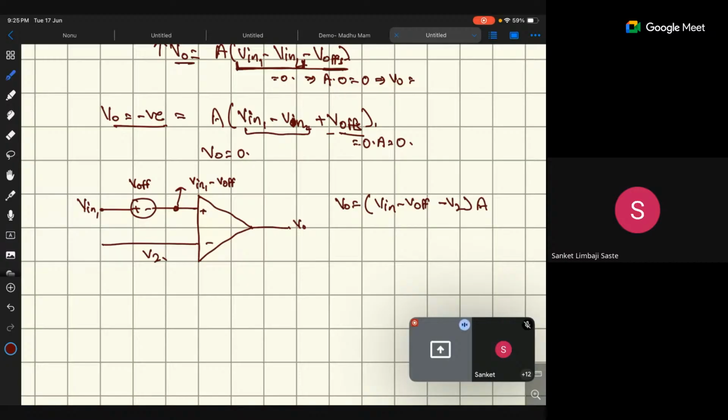Okay, and what is the effect of this on the characteristics? The characteristics are also changed.